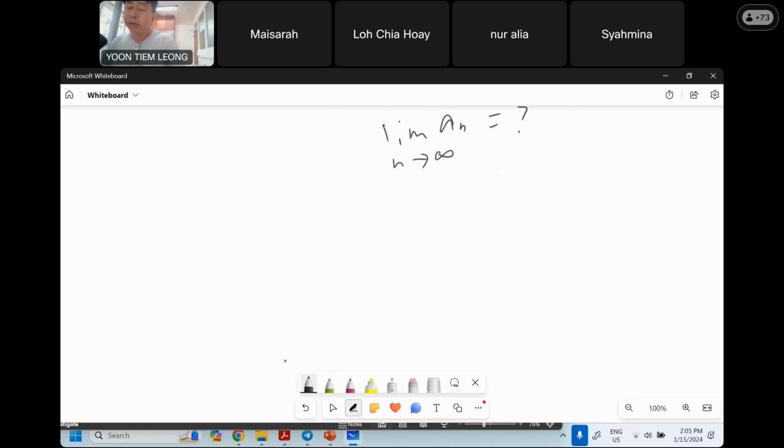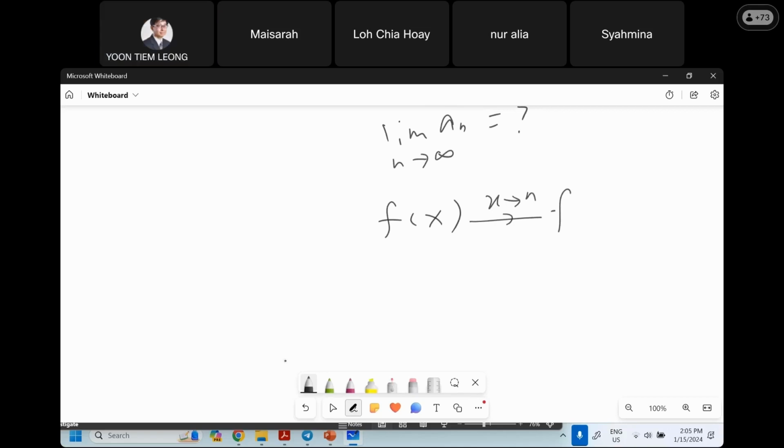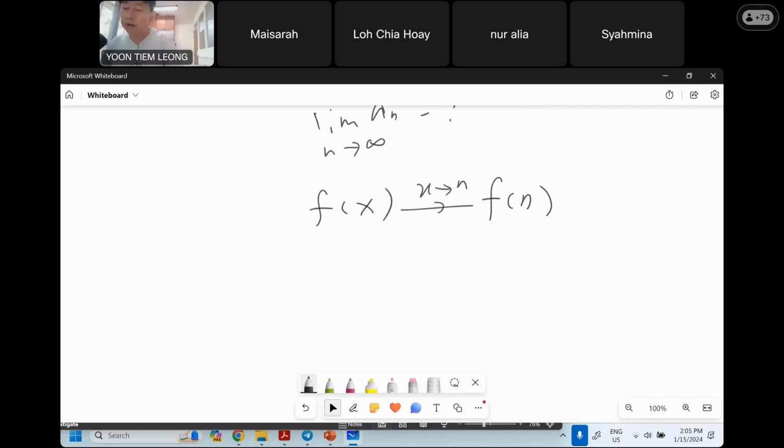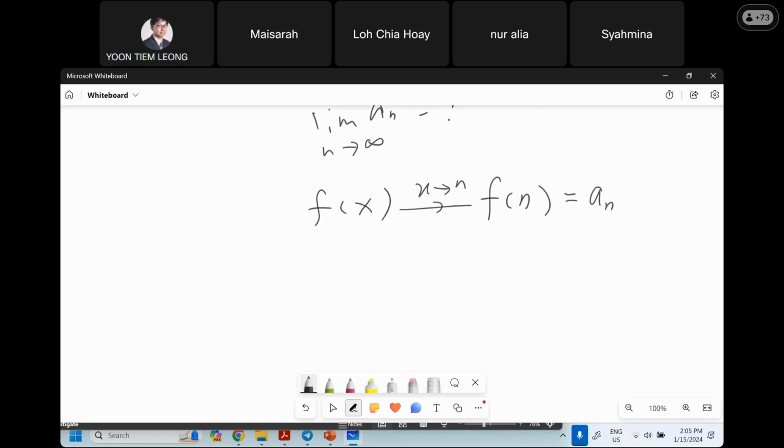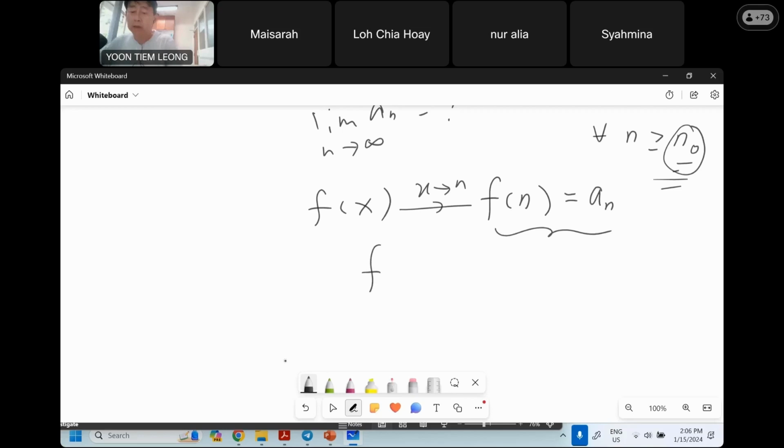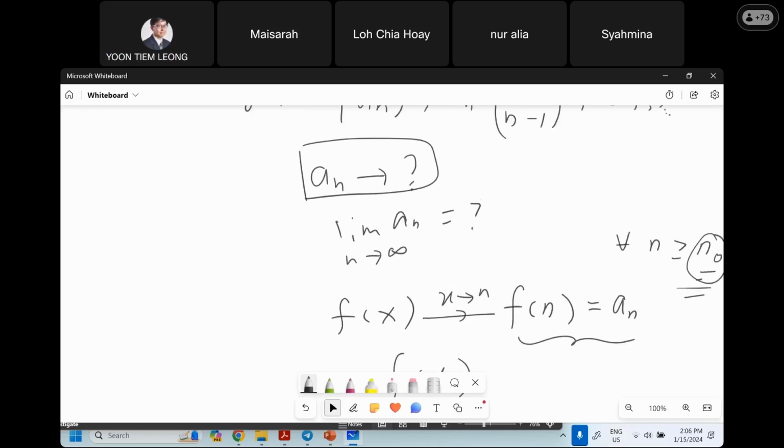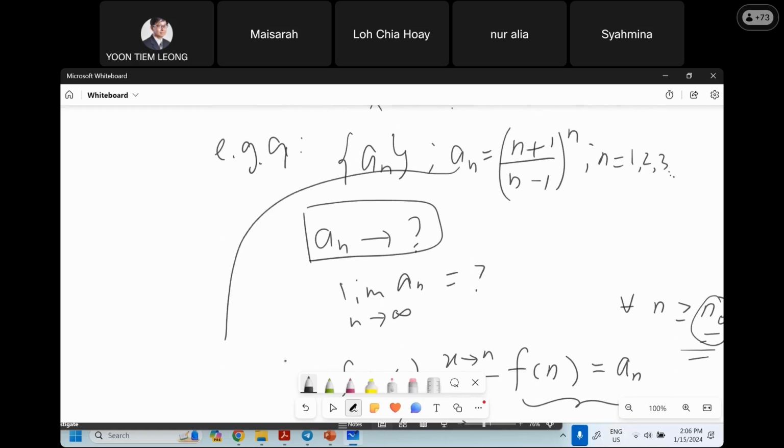In theorem 5, we have to find a function f(x) such that when you replace x by n, the value of the function f at n must equal a_n for n larger than some positive value n naught. I just refer to a_n and replace n by x.